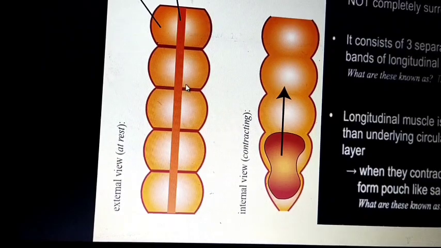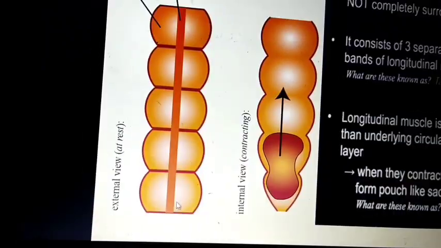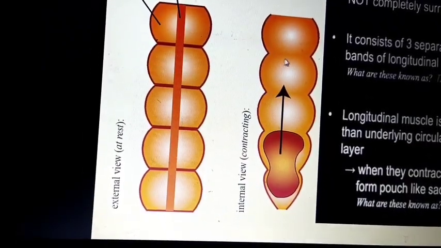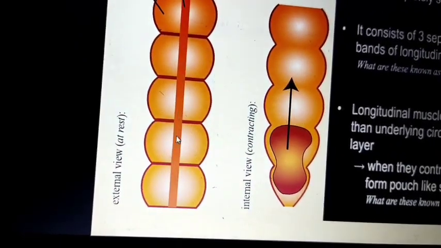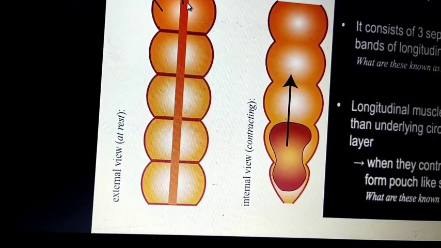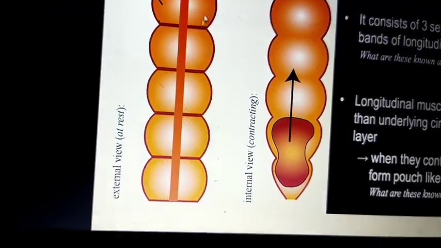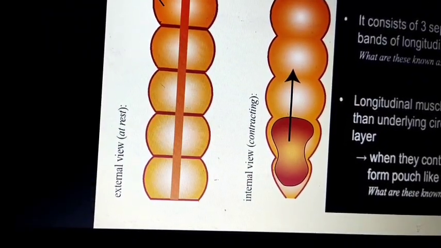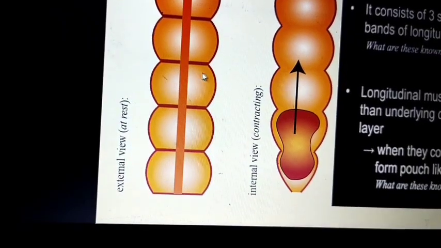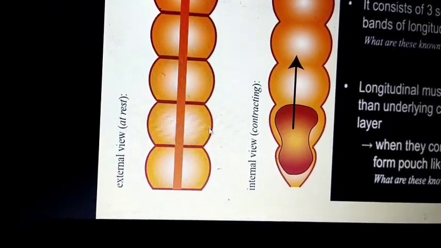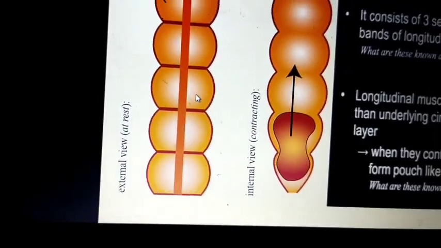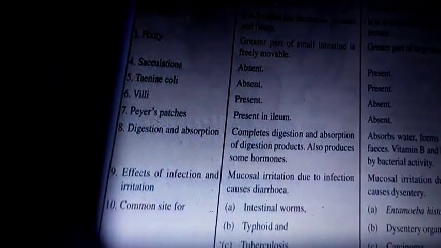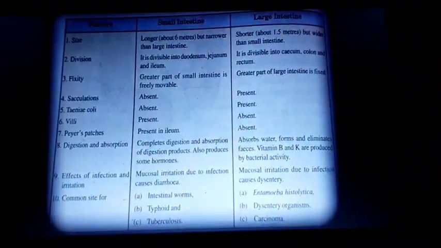When it contracts, they form pouch-like structures, and these are called haustrations. Because of the pulling, or the contraction, the circular muscle of the large intestine forms pouches, and these sac-like structures are called sacculations. Now, it is very important.